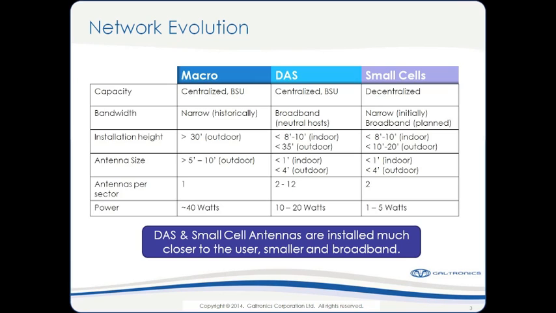You do still have to be concerned with sector boundaries where you have a group of DAS antennas that now come in close proximity to the next group of DAS antennas. This is a so-called sector boundary, so you still have those concerns there, but it's not with every antenna as it would be in the case for macro.